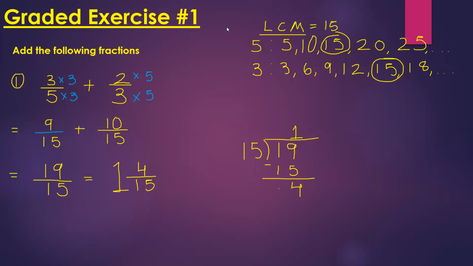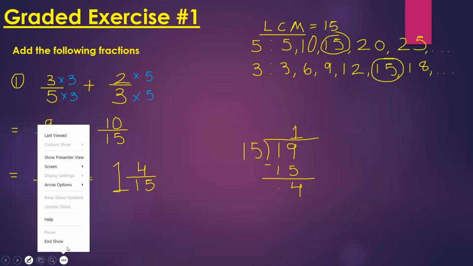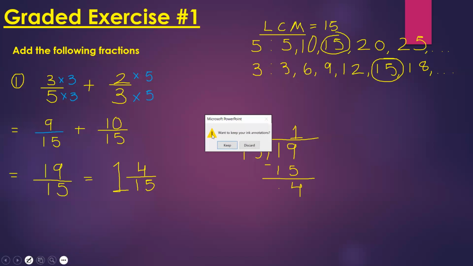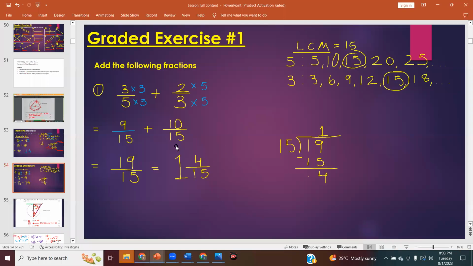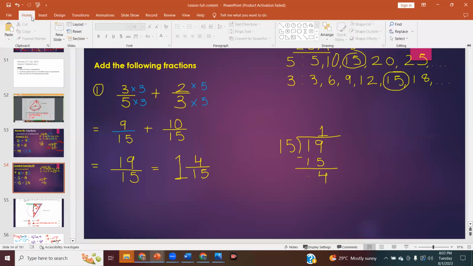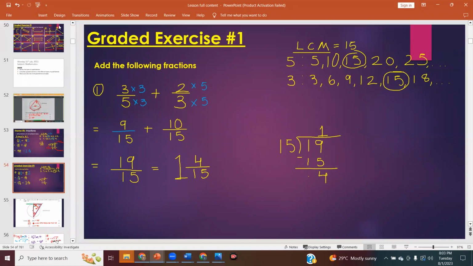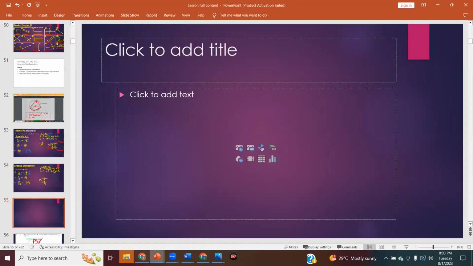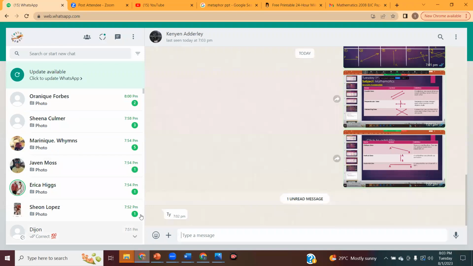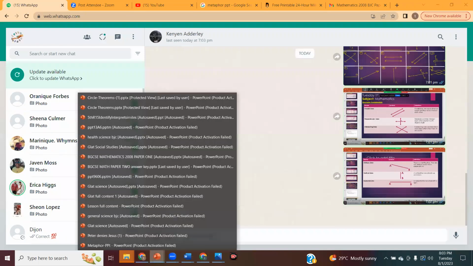All right, so for the rest of us, we can start off with health, then go to general. I want everyone to stay. All right, so let us begin with health science, and then we're going to go to general science.